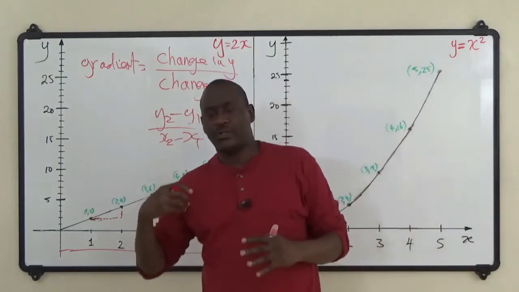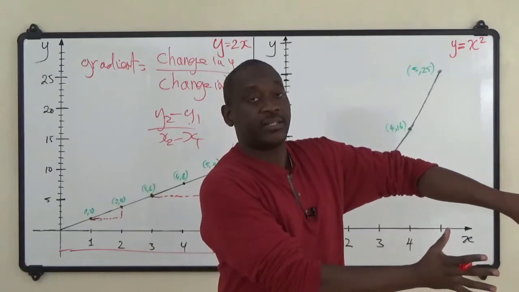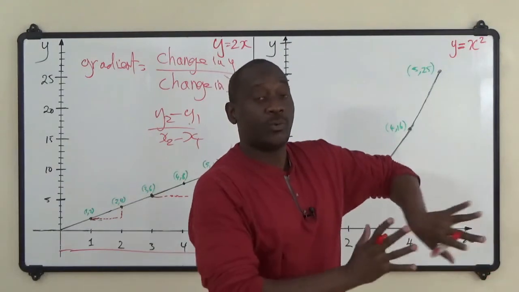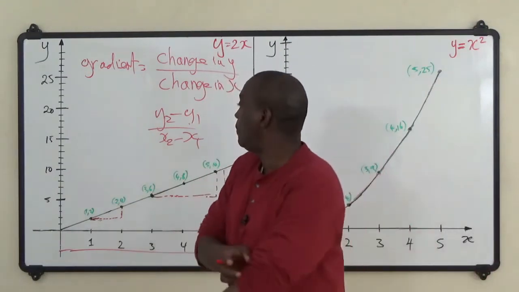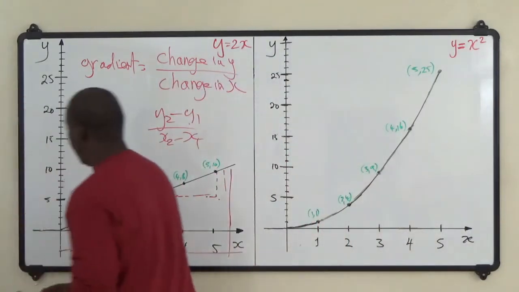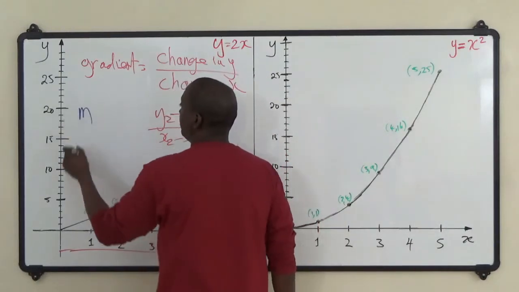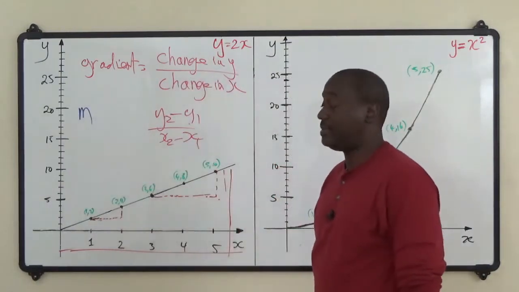Now, we're going to introduce some notation that will carry forward in the discussion when we start to talk about curves, when we start to talk about differentiation. We can write the gradient, let me use the letter m, which we're familiar with from our work on straight lines up to this point.